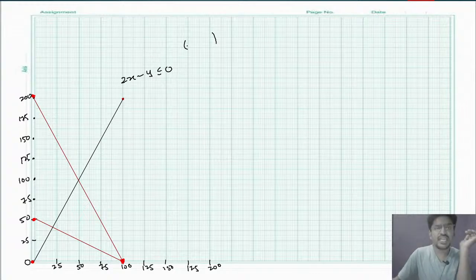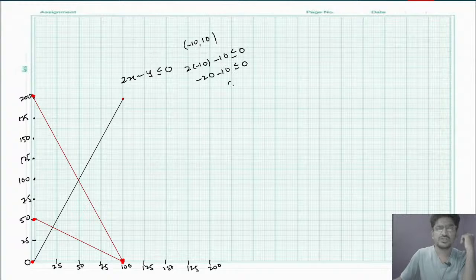So x I will take as minus 10, y I will take as plus 10. So that is the point of the second quadrant. Therefore it will be 2 into minus 10, minus 10 lesser than or equal to 0. So you can check that this is minus 20, minus 10, which is minus 30, lesser than or equal to 0. Therefore it is true.